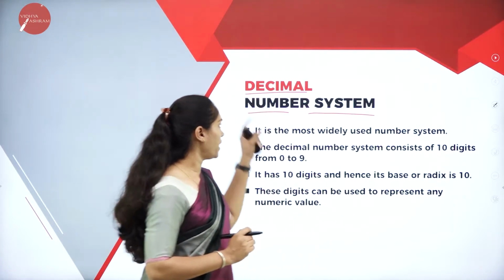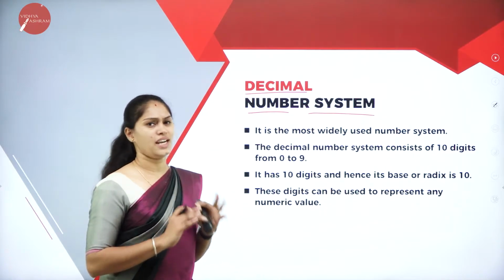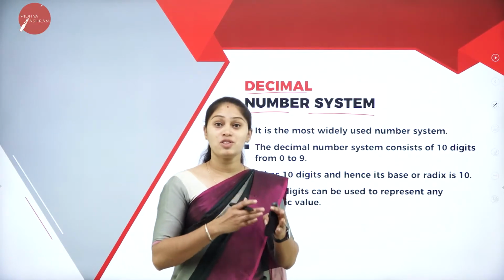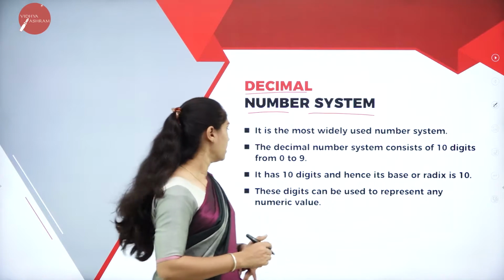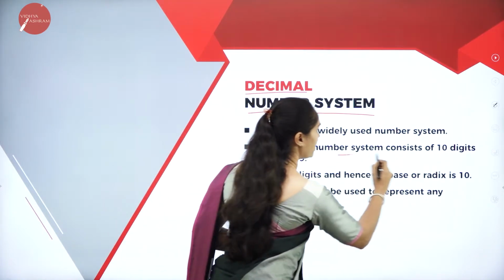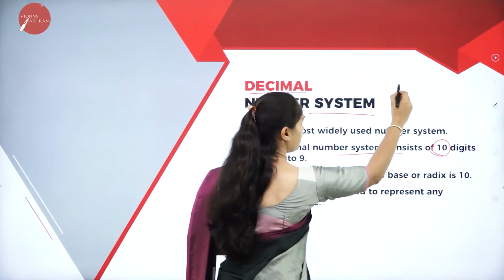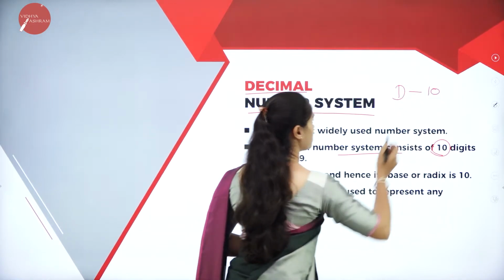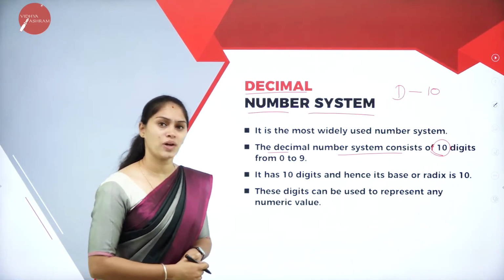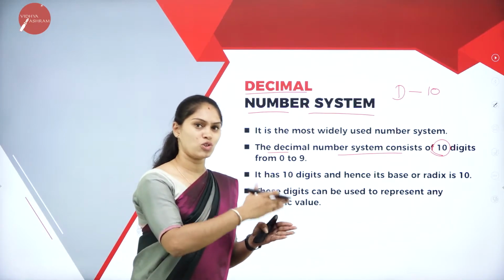When it comes to the decimal number system, it is the most commonly used type of positional number system. The decimal number system consists of 10 digits. Decimal in the sense 10 digits. Which 10 digits are we going to use? It is from 0 to 9.